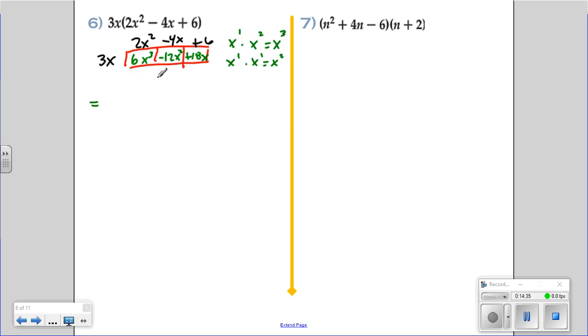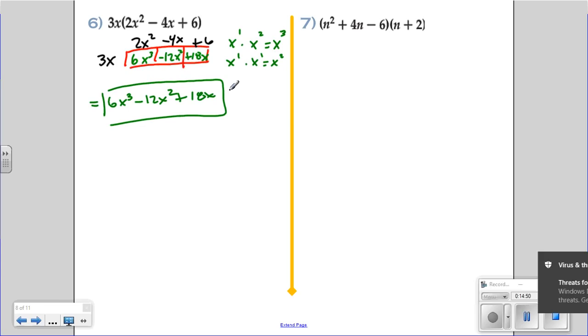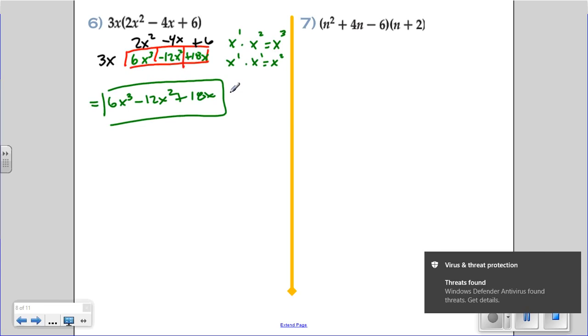So the solution or the product is 6x cubed minus 12x squared plus 18x. Do you have to use the box? No, but again, it's a way to stay organized.